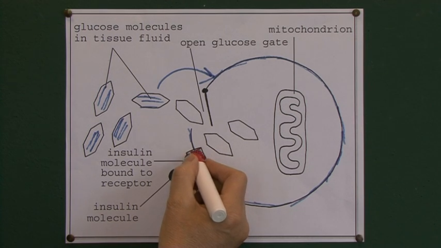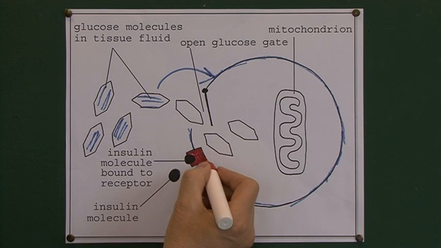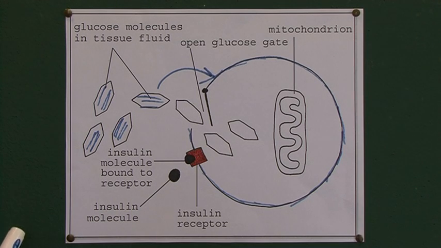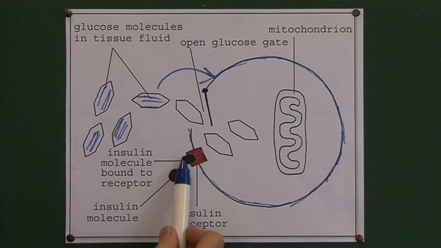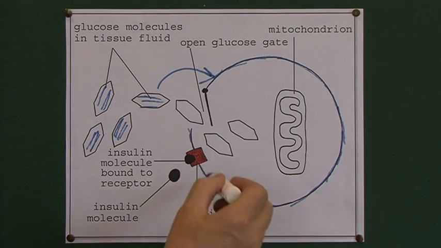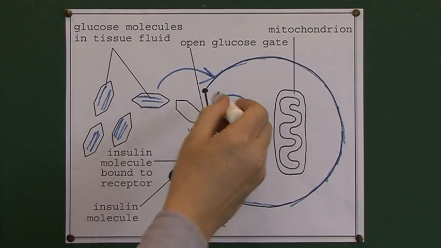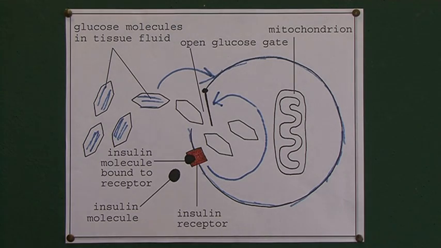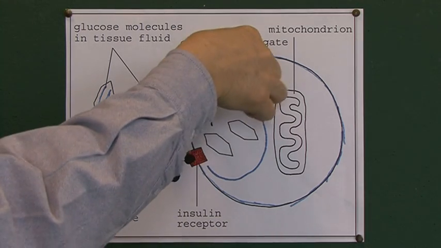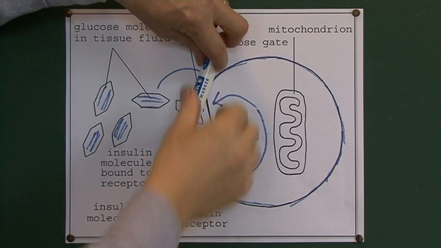It's a transmembrane insulin receptor molecule. The combination of the insulin molecule and the receptor triggers off secondary changes, which results in the opening of a gate. And I've actually drawn this as a gate which kind of swings open like that.